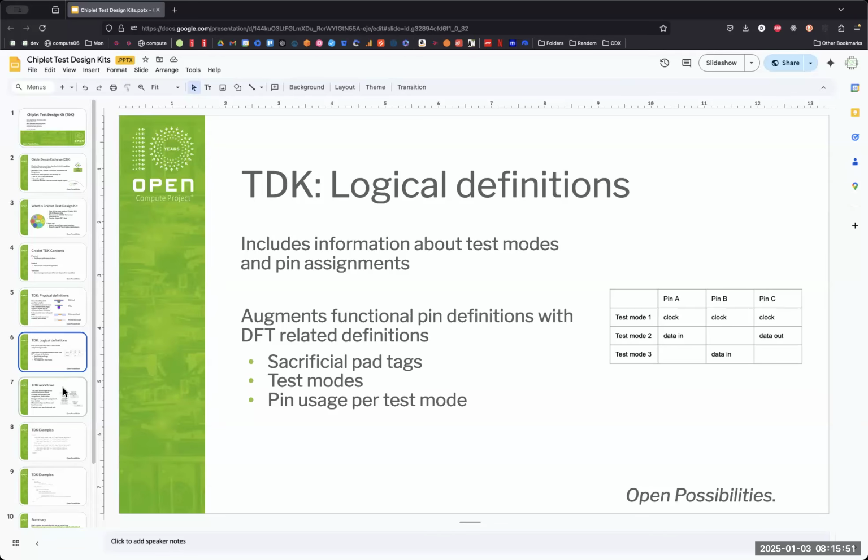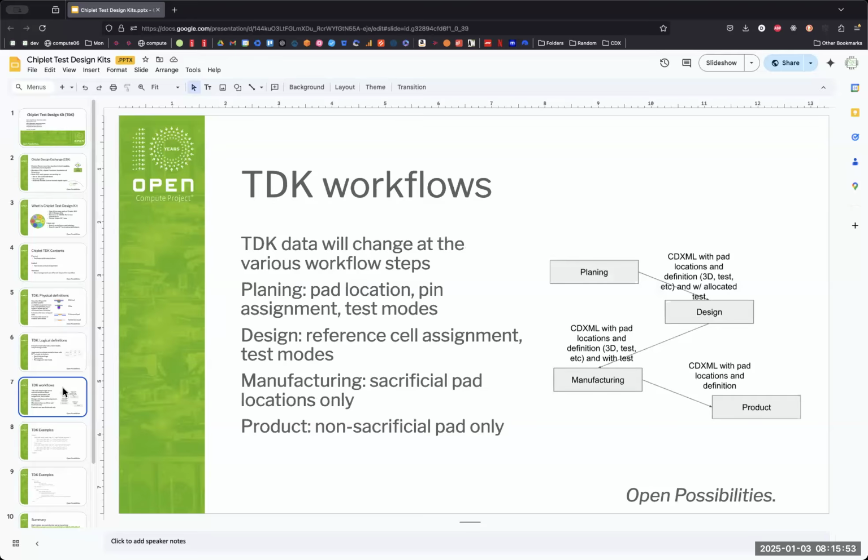And the last part of this is the workflow part. We don't recommend a specific workflow, just wanted to make that clear. But really, the definition of the CDXML needs to be sensitive that different parts of the workflow would deal with the data differently or would be enhancing the data.